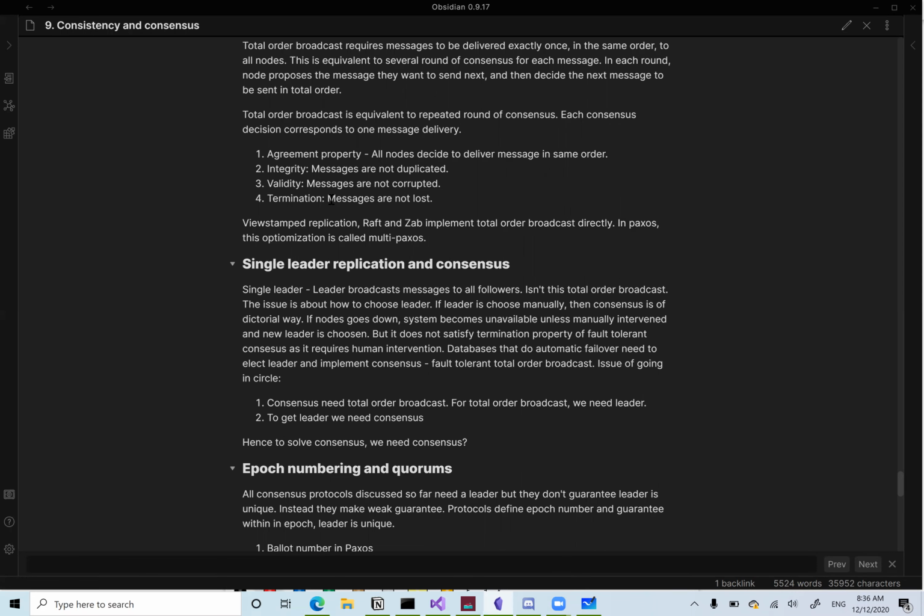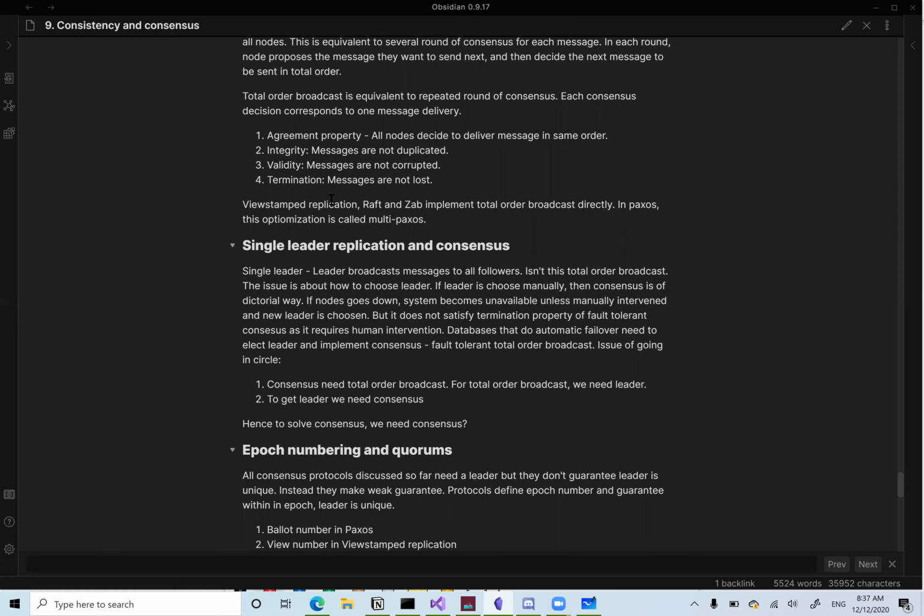When the follower receives that message again, it will see that at that index it has already saved that message. So it will not duplicate it on its end, but this time it will respond with an acknowledgement again to the leader that it has written the message, and then the leader will not try again. In this way we are not duplicating the message, and each follower will have the message exactly once.